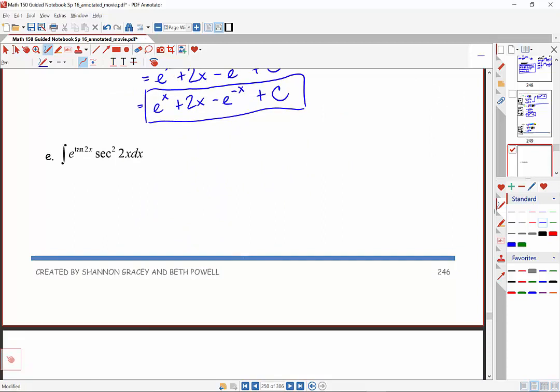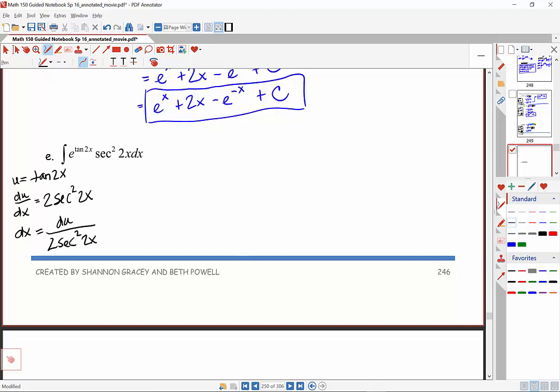Okay, what about this guy? Again, let's try what's in the power. Okay, so then dx would be du over 2 times secant squared at 2x.